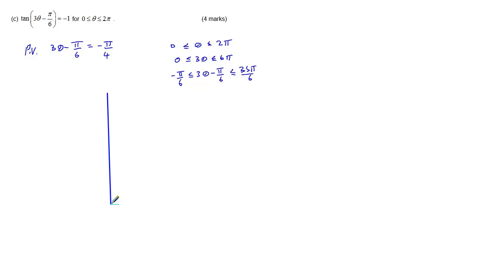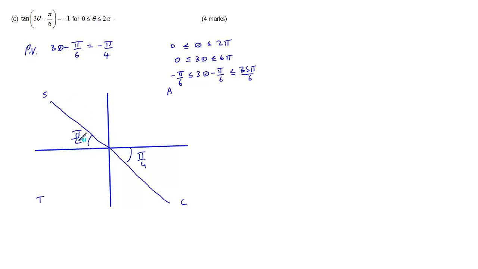So let's get our CAST diagram. So A, S, T, C. So the first solution is down here, negative pi by 4. Tangent, which is negative, so the other one must be up here, and this angle would be pi by 4. Now our start point is negative pi by 6, so that would be down here somewhere. And we're going to have to go around 3 times.